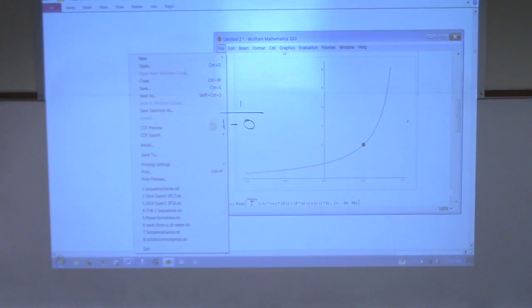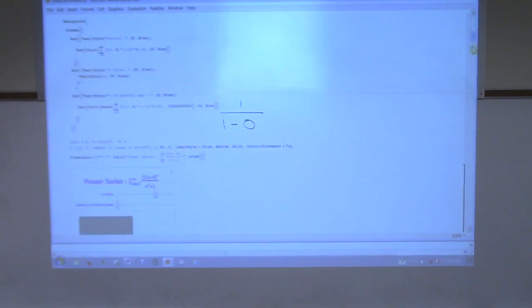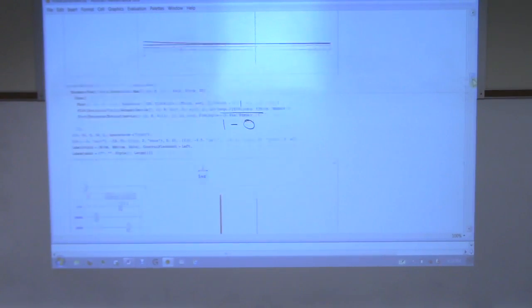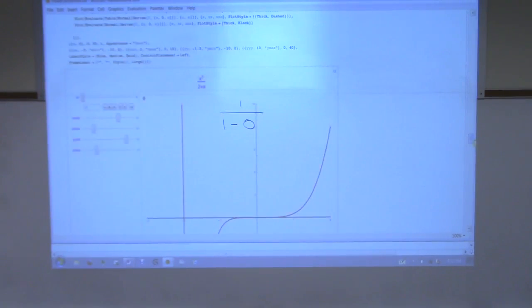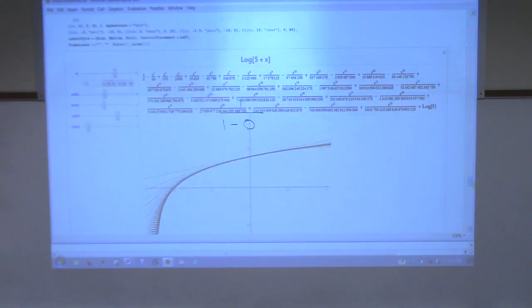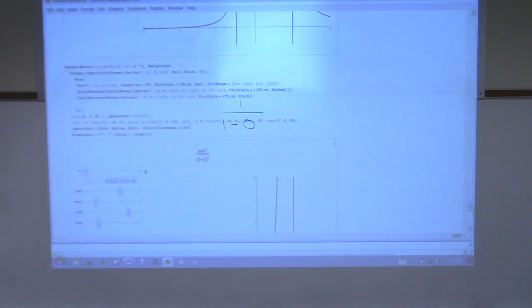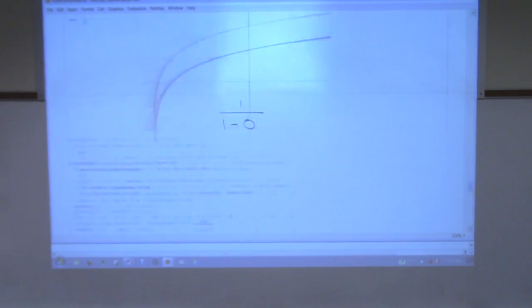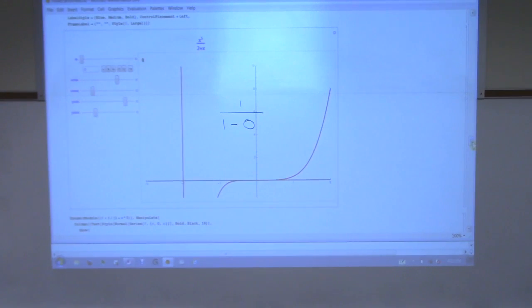Maybe it'll help if I remind you of something here. Take a look at that curve, that red curve.